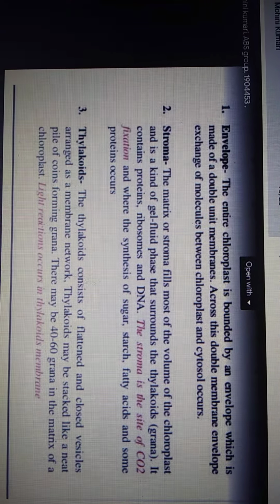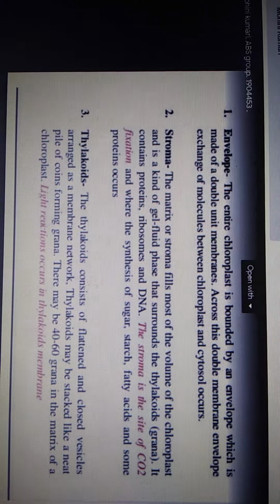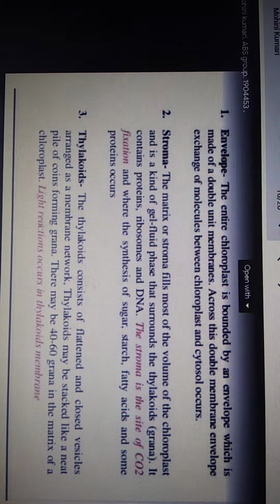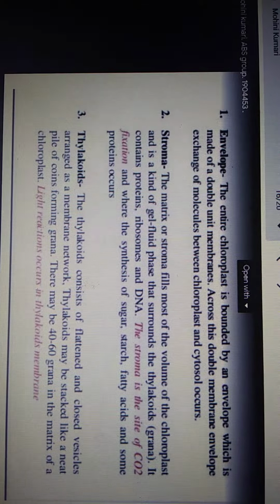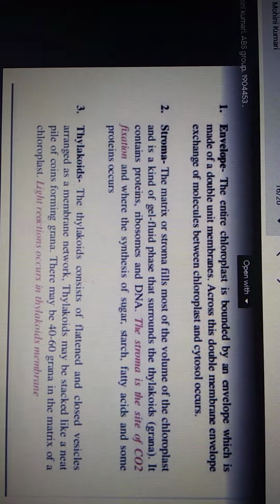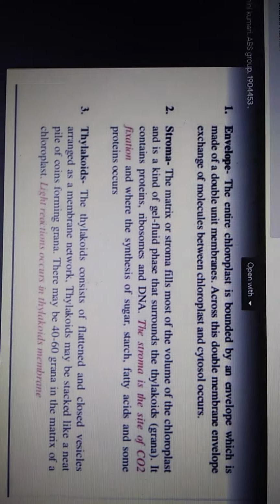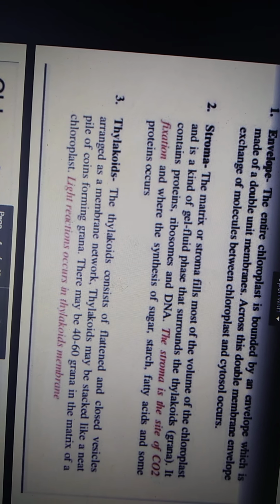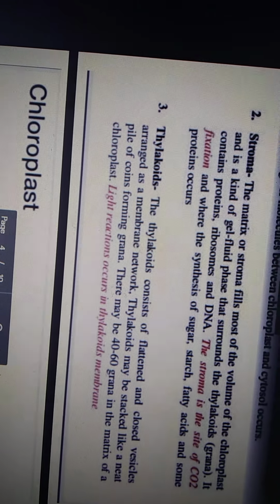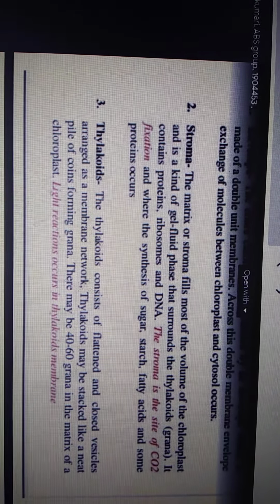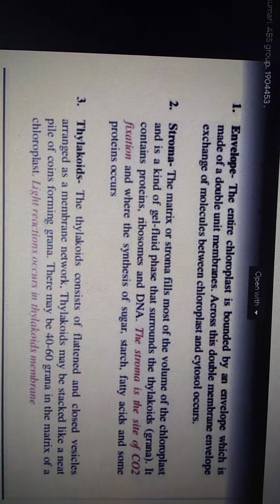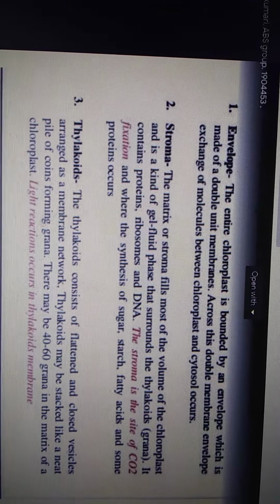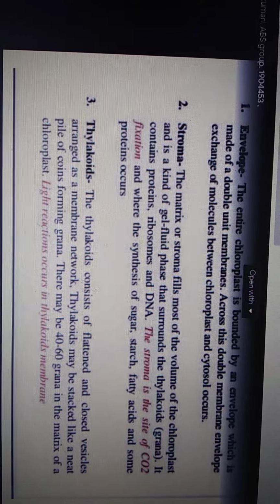Dark reaction means CO2 fixation or reduction of CO2 to form glucose, and light reaction produces the ATP and NADH2 required for this reduction. To perform this light electron transport, the proteins are present in the thylakoid membranes.